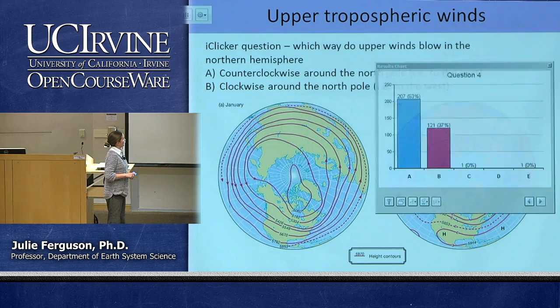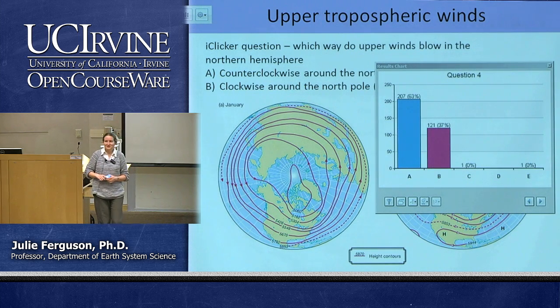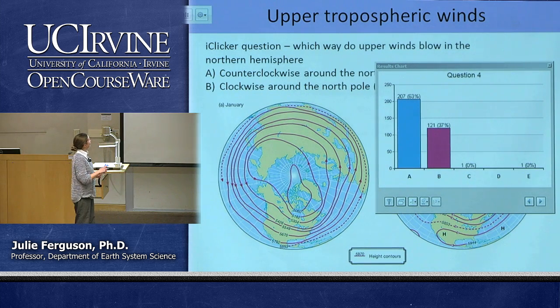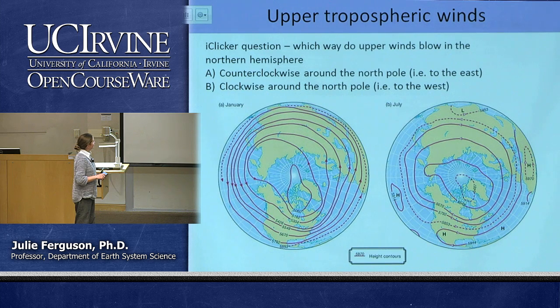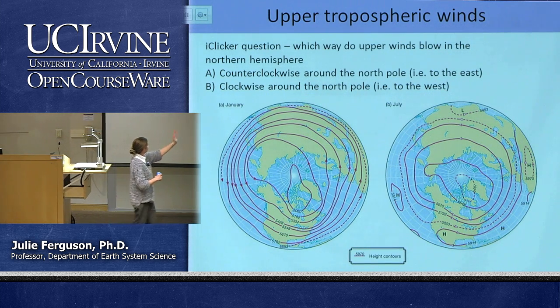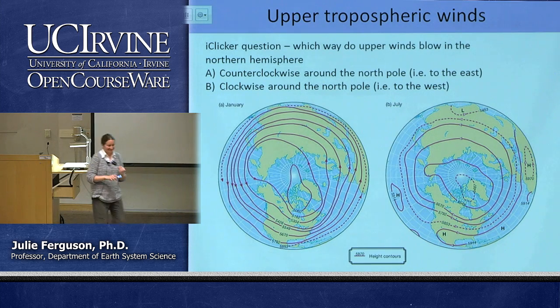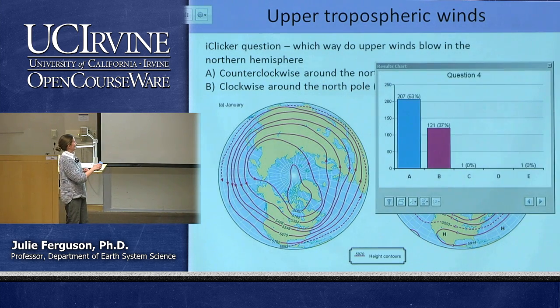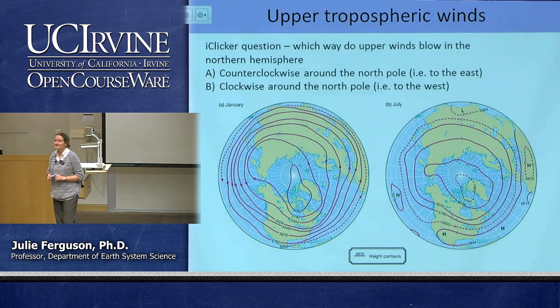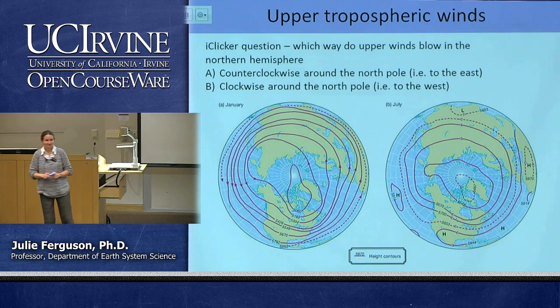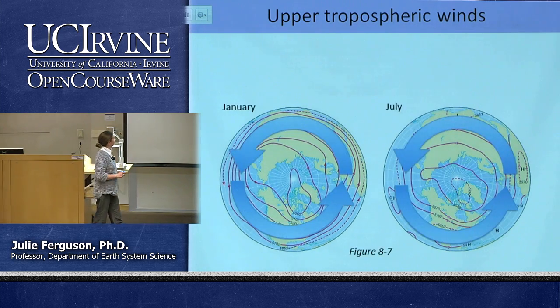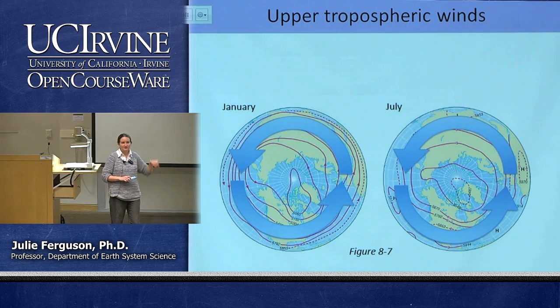Hopefully people are getting good at this by now. Doing reasonably well, okay. So they go, actually, hang on. Yes. Sorry, I have to really think about this sometimes as well. Absolutely, so they go to the east, okay. So they look like that. They circle around the Earth.